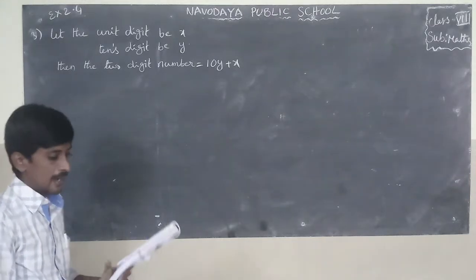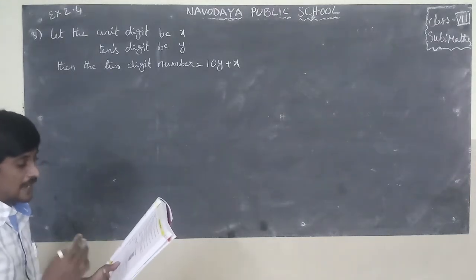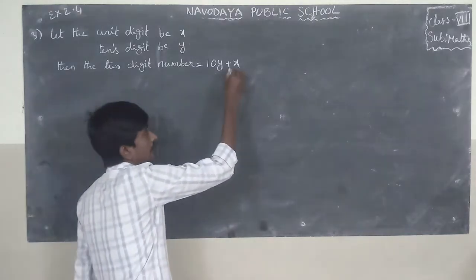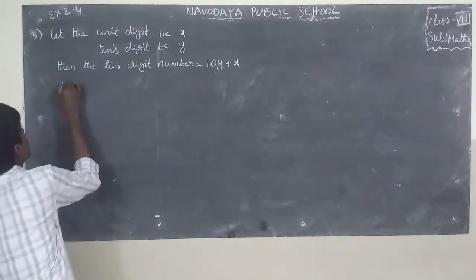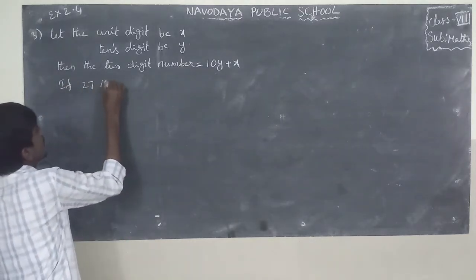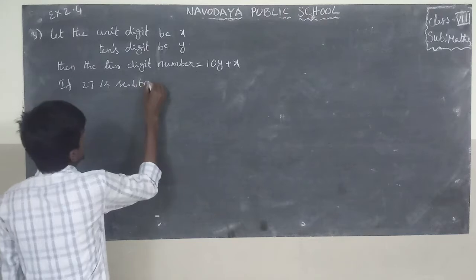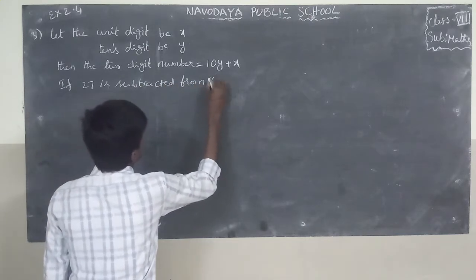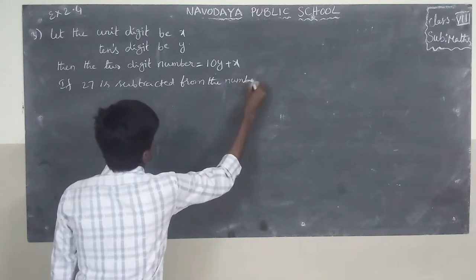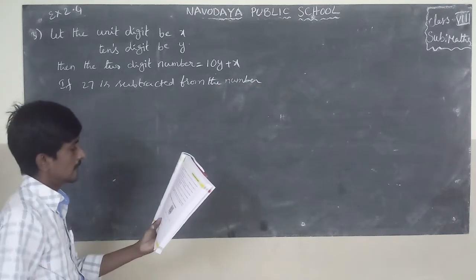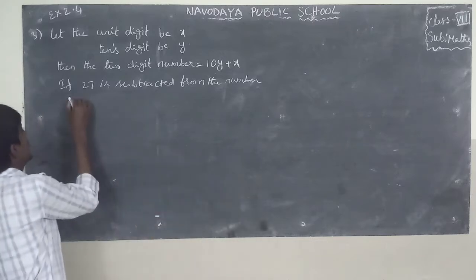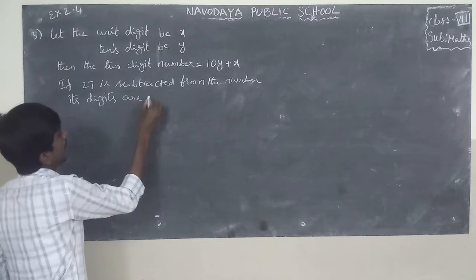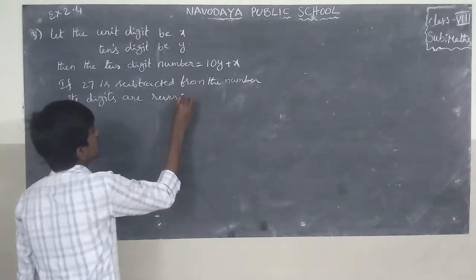If 27 is subtracted from the number, its digits are reversed.